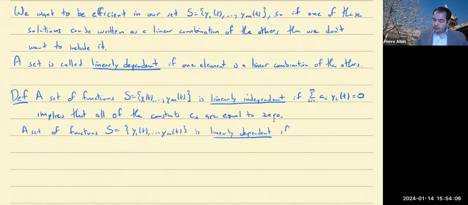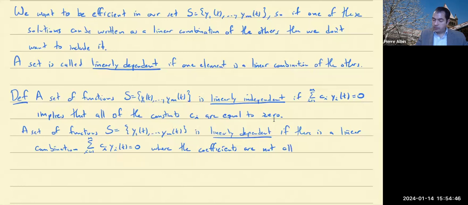Another way of saying that is if there is a linear combination equal to 0, again the function 0, not just the number 0, where the coefficients are not all equal to 0.